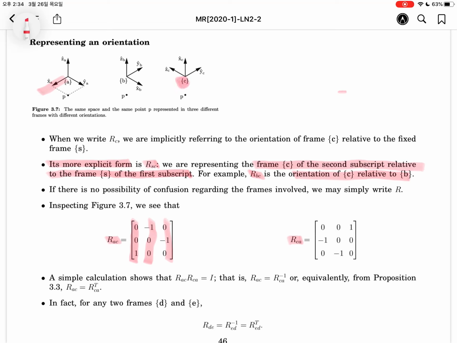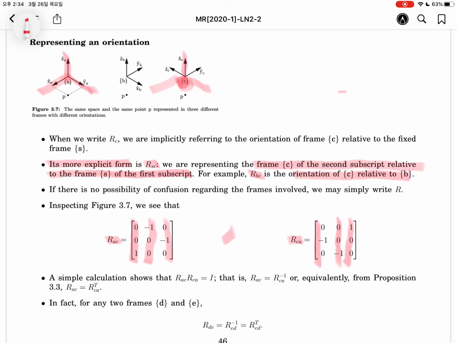It will be equal to -y, so 0, -1, 0. It will be the first column. And the second one, YA, in terms of the C coordinate, will be equal to -Z. So 0, 0, -1. Second column. How about the third? ZA will be equal to XC. So 1, 0, 0.